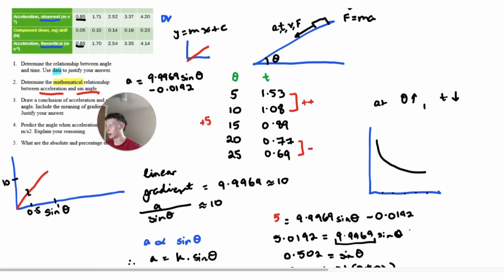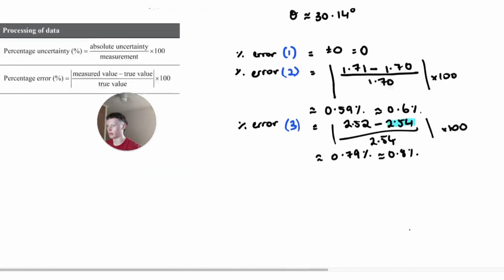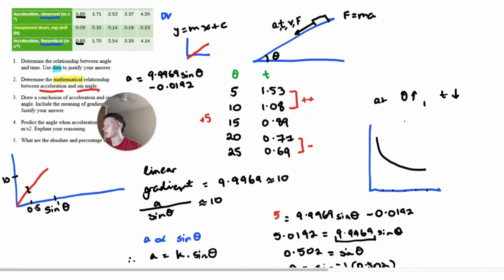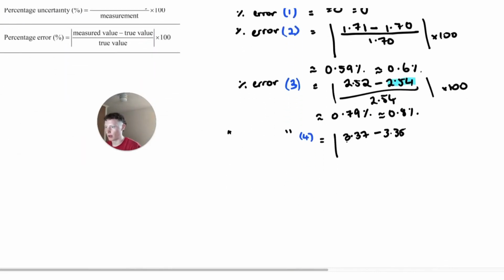We've got 3.37 and 3.35. So 3.37 minus 3.35. I'll just double check that. Yep. Over 3.35, times 100. This will give us a percentage. 3.37 divided by 3.35.